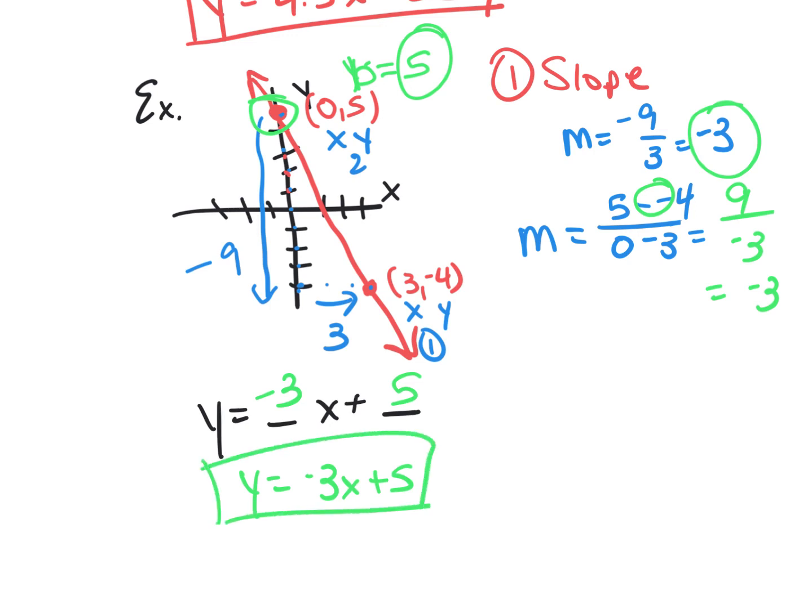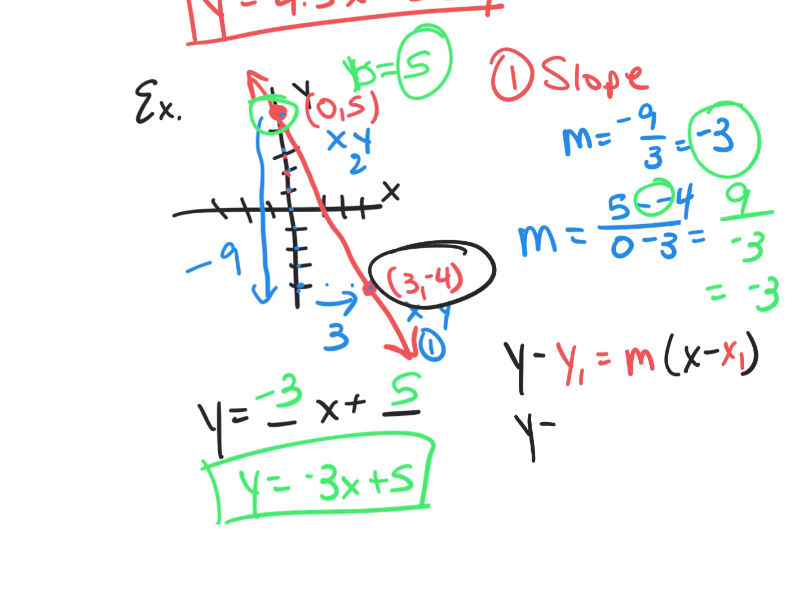Remember, then we have our y minus y1 equals m times x minus x1. And then I'm going to erase the m and make that red. Okay, so now we have our y minus, and you can choose any of these points.